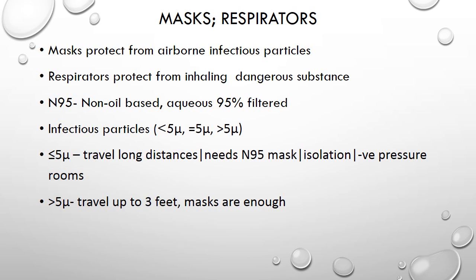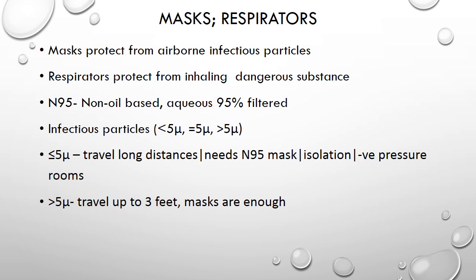The infectious particles are divided as per their sizes. One which is less than or equal to 5 microns can travel long distances. And patients harboring these kinds of organisms should ideally be isolated in a negative pressure room. Why the negative pressure? So that when you open the door, all the air gets driven towards the patient as opposed to away from the patient.